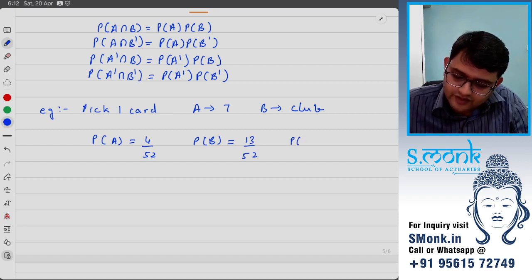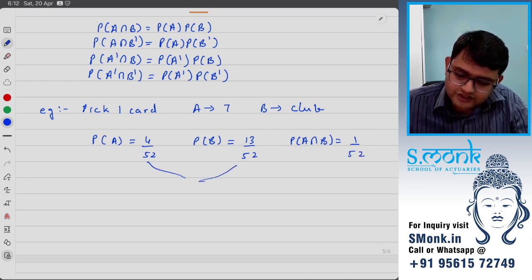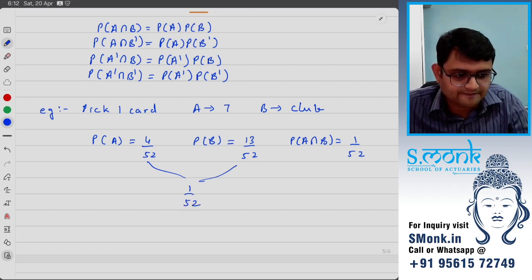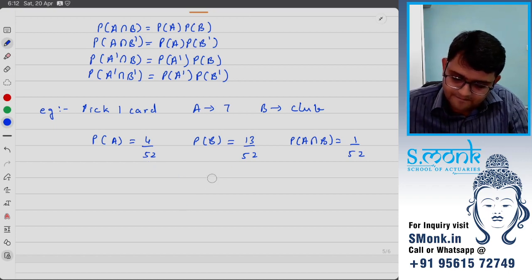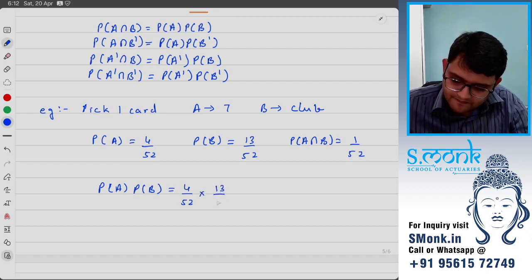Probability of A intersection B was 1 by 52. If I multiply these two, I will actually get 1 by 52.